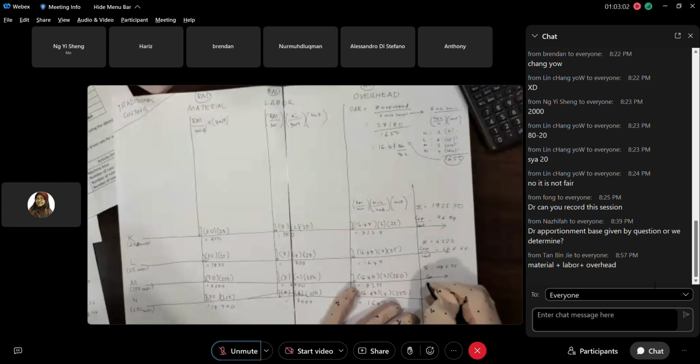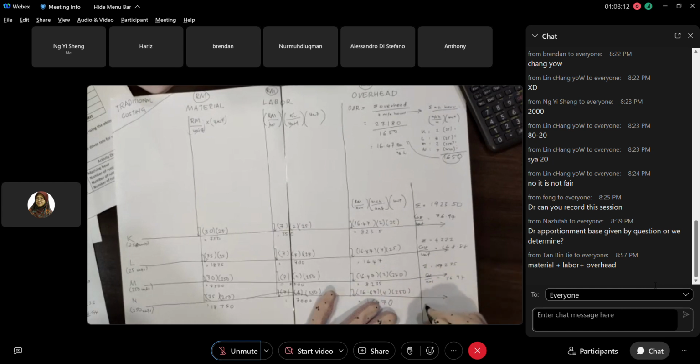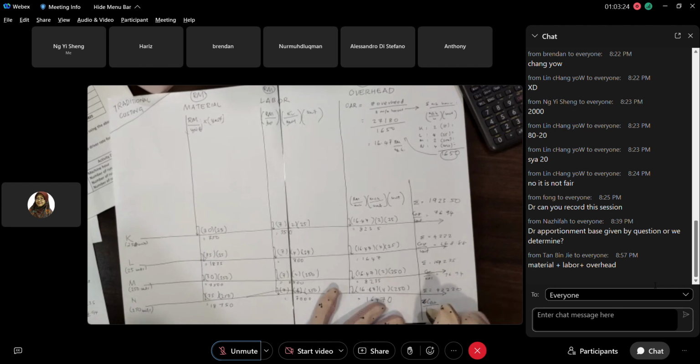So the cost per unit is 76.6. Okay, 42, this one all total, sorry, 4220. So the cost per unit is 168.8.